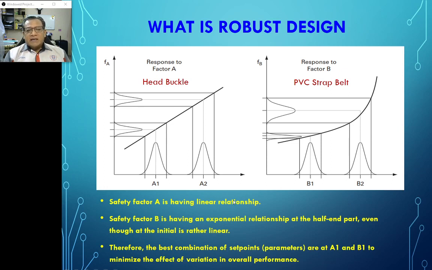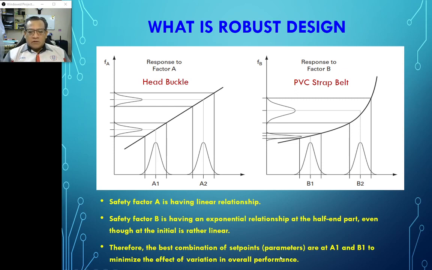So if you combine A1 and B2, you have definitely a very different kind of trend of curve, whereas this one is linear and this one is curved. So this will give vast variation. Okay, that's why in robust design, you have to choose the optimum performance with minimized variation or minimized change, right?